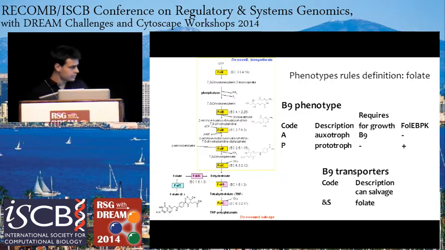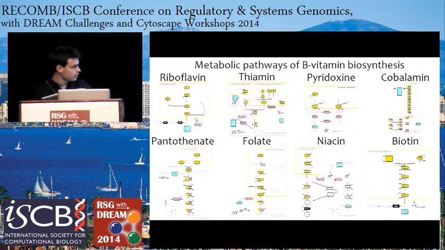So in this case, the rule is simple. If a genome contains upstream genes, it's a prototrophic genome. Rules like that were developed for all investigated B vitamins. Here are shown schemes of biosynthetic pathways for 8 B vitamins.